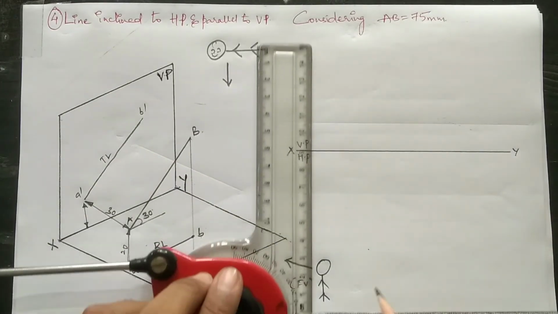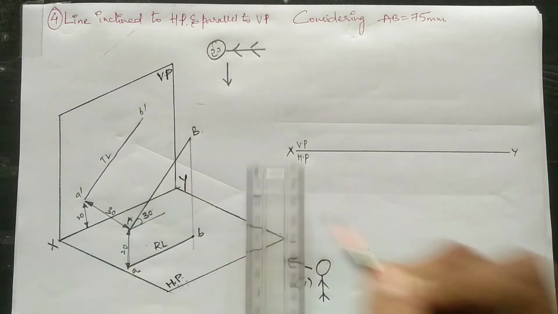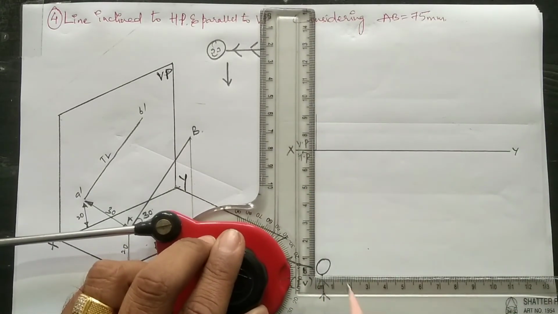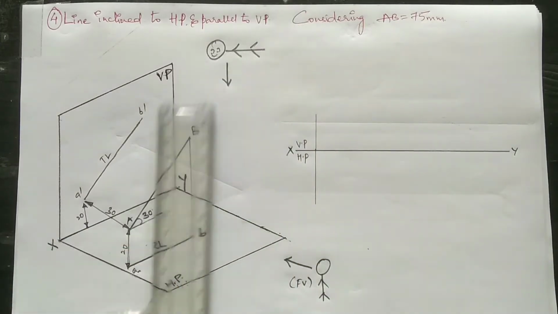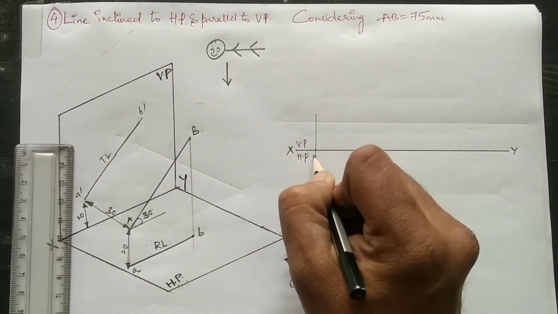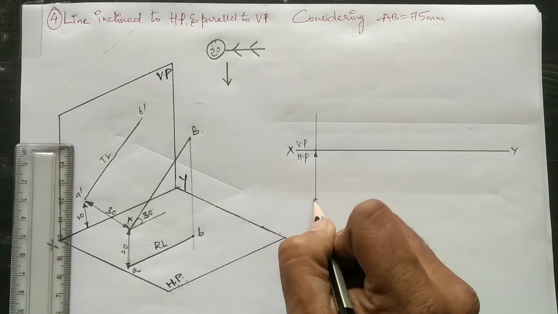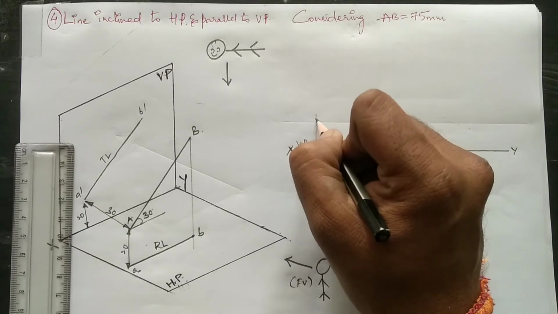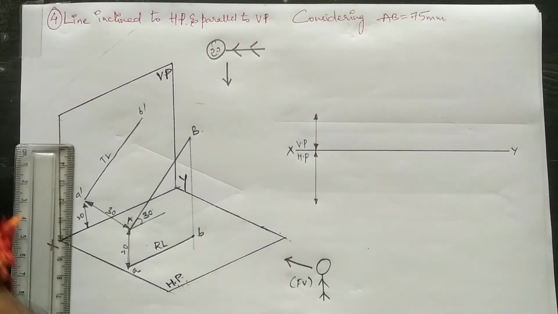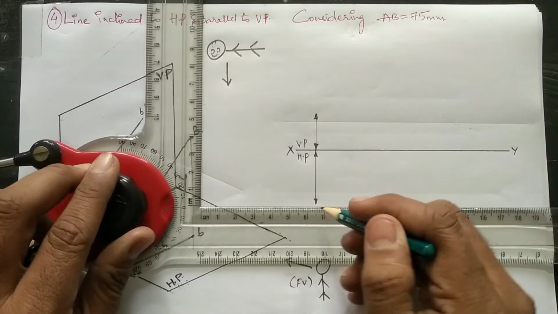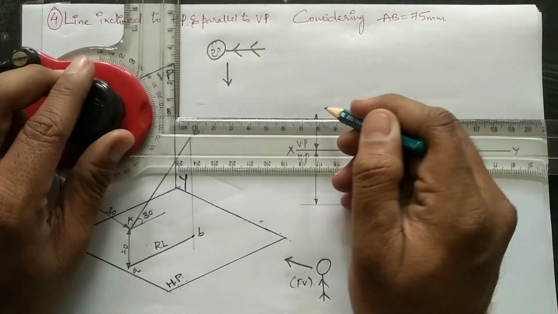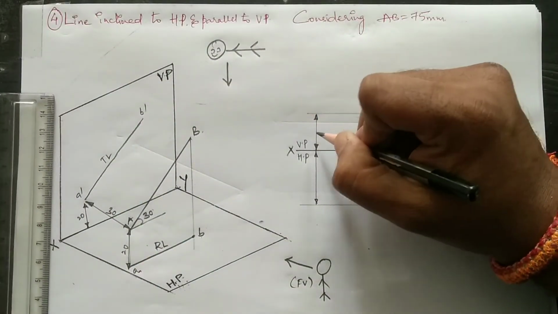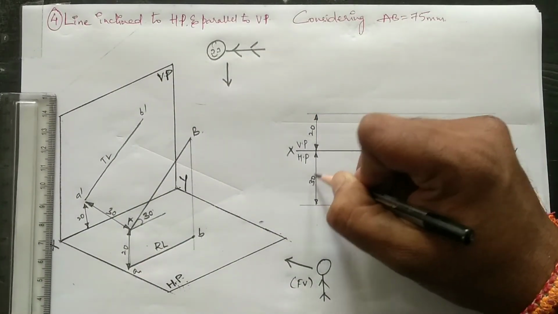The line is 20 mm above HP and 30 mm in front of VP. Draw the locus lines first, marking 20 mm above HP and 30 mm in front of VP.